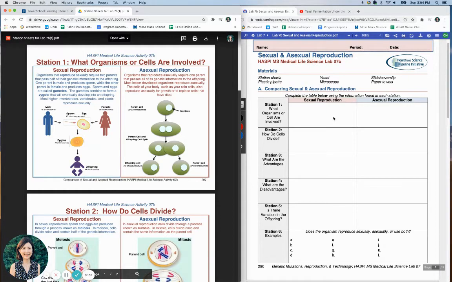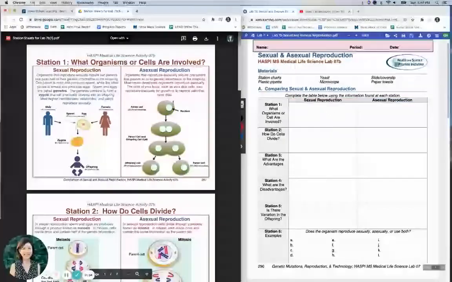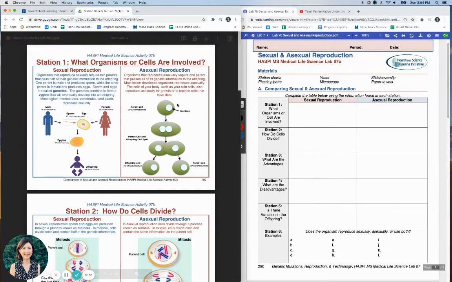So we've got 6 stations that are going to give us information about sexual and asexual reproduction. The first station is talking about what organisms or cells are involved.